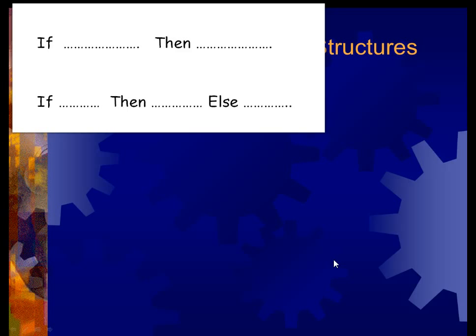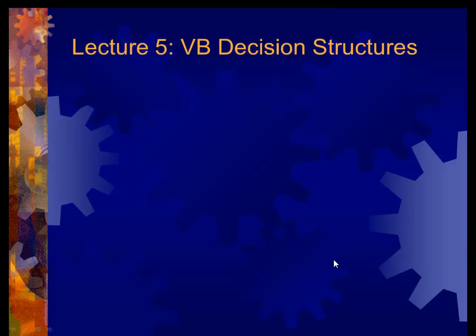We also have if, then, else. So if this, then that, otherwise something else. That kind of programming statement is what we're talking about today. And there's one little variation of that as well, but that's basically what we want to talk about.